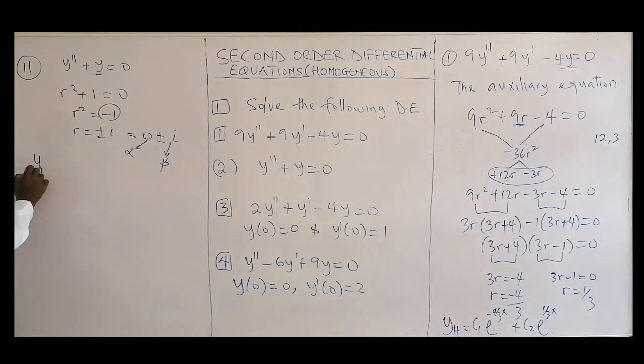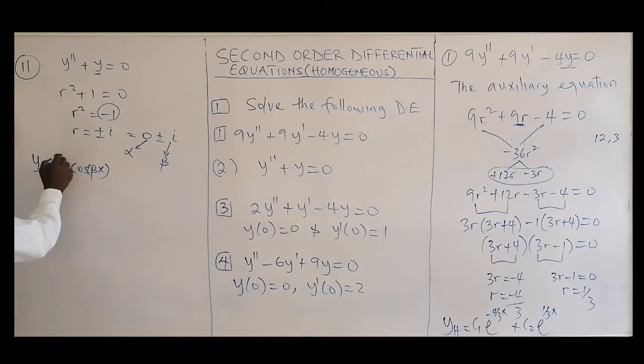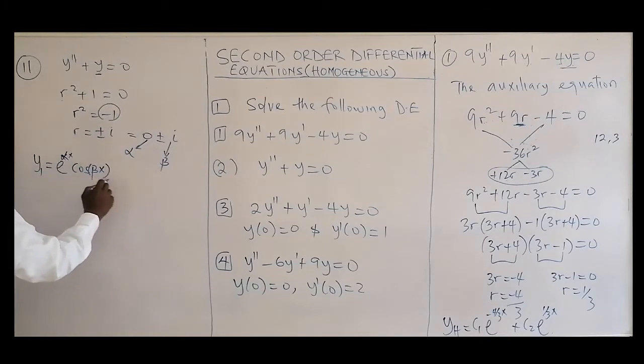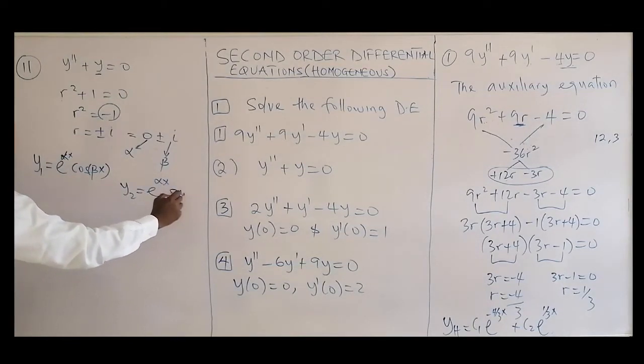The solution here will be y1 equal to e to the alpha x cos beta x, and then y2 is also e to the alpha x sine beta x.